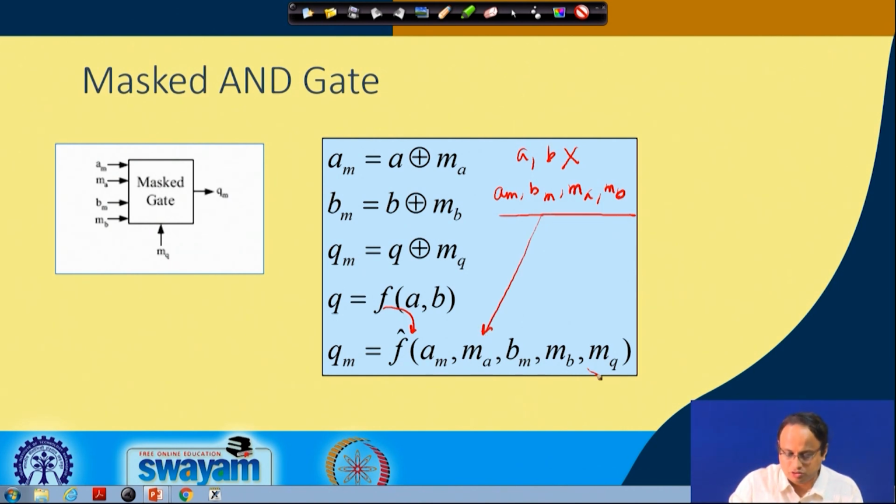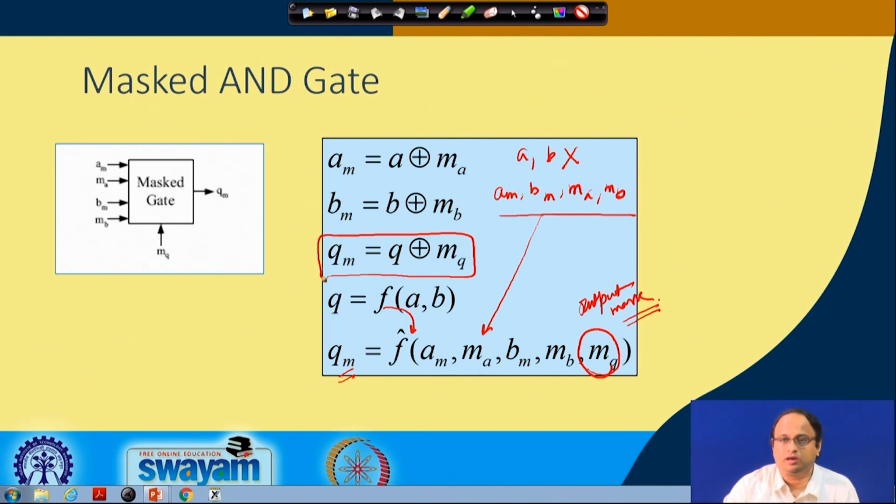And you can see I have also used another mask, which is what is called the output mask. So, if you take this output mask and the circuit produces a QM, then the final result is obtained by using this equation, which is nothing but Q is equal to the XOR of QM and MQ. But note that if you have a following circuit, suppose the following circuit operates on Q, then the subsequent circuit also should be processing on QM and MQ.